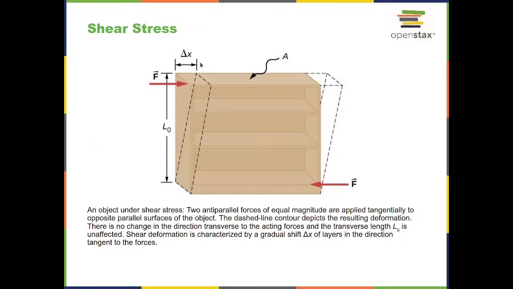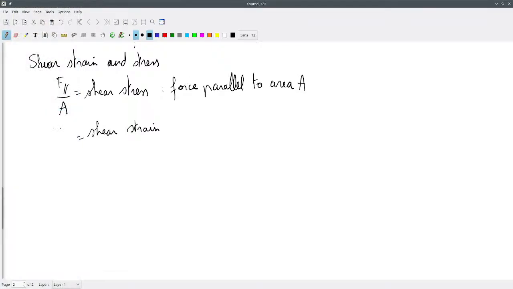So that's the change in delta x because of this force, because of pushing against the side of the bookcase, and of course that will be proportional to L0, because that's just what our strain requires. So that's going to be delta x over L0.